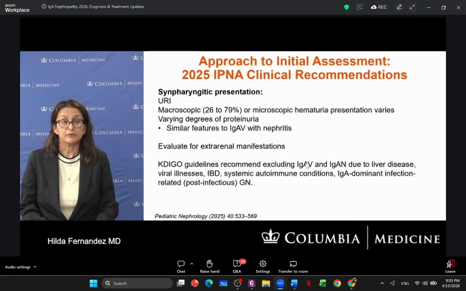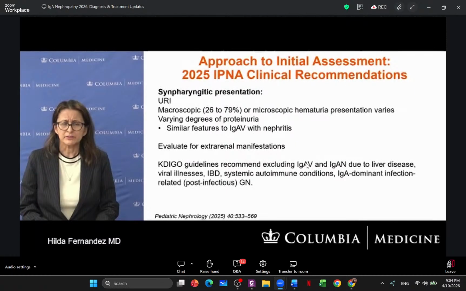So this synpharyngitic presentation, the type that usually presents with a URI, and hematuria could be macroscopic or it could be microscopic, depending on the ethnic population in which you're looking at it. If you look for it, you will find microscopic hematuria, and if you are not screening for it, then you're going to see it primarily as macroscopic. Again, this also has varying degrees of proteinuria, and has similar features to IgA vasculitis with nephritis.